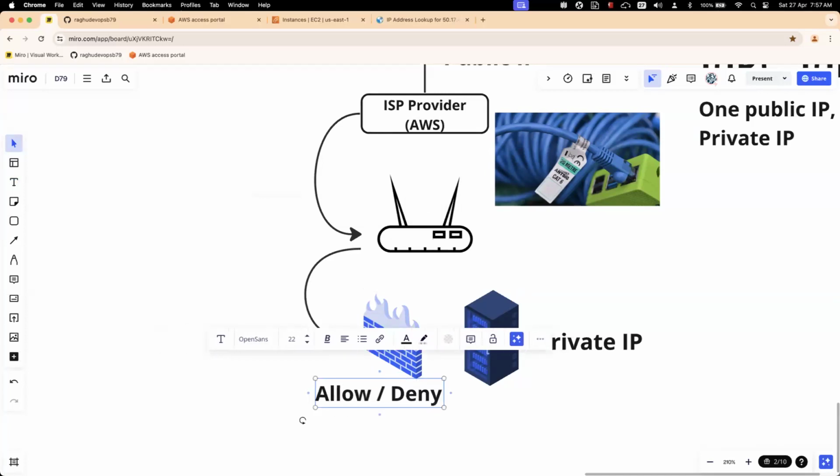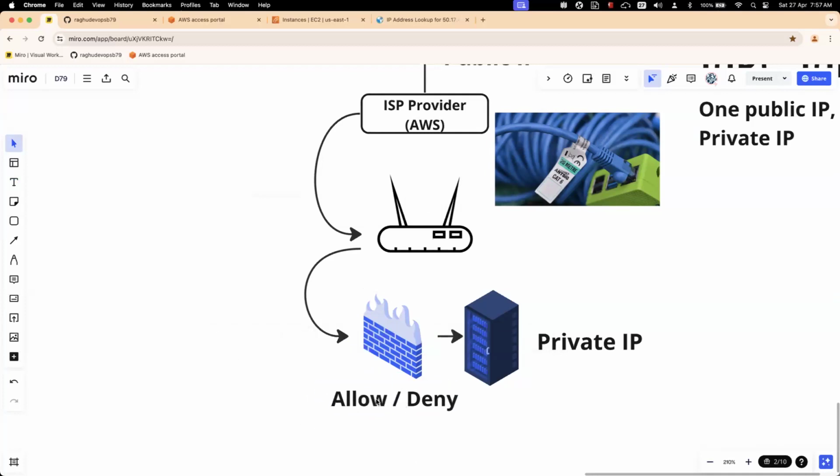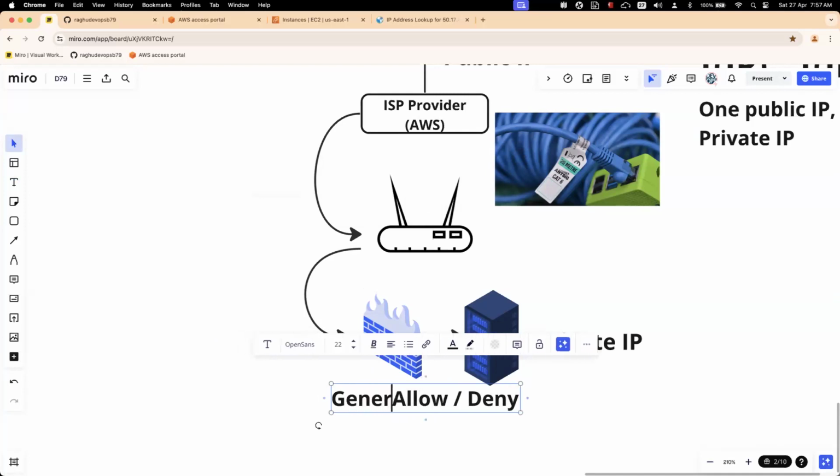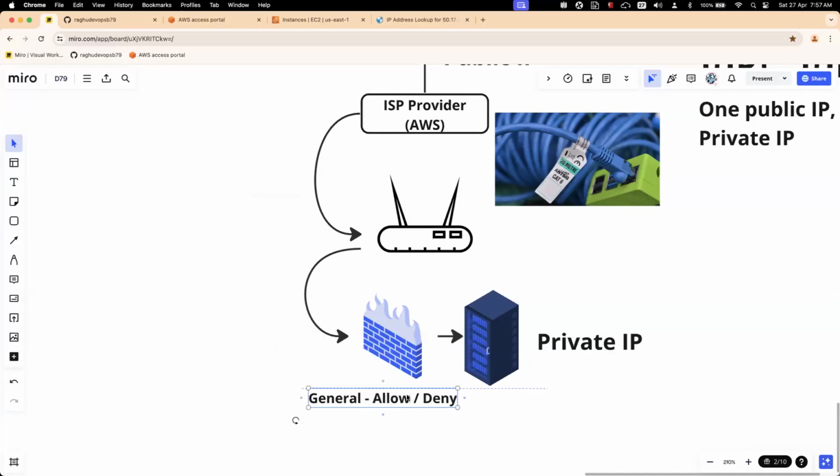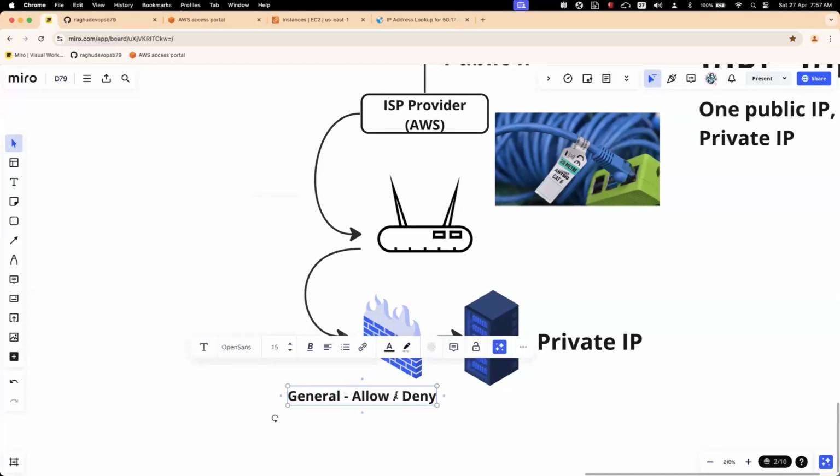Now AWS deals with this generally. In firewalls in a general context, they'll have rules saying allow or deny. But in AWS, it will have only allow. By default, it will deny everyone, and it will allow only who is supposed to be allowed. Amazon is dealing that way.